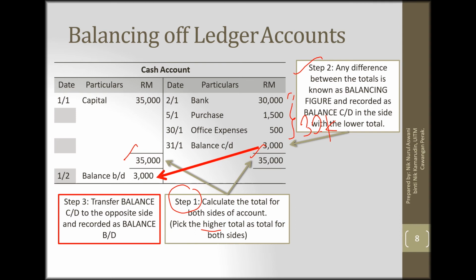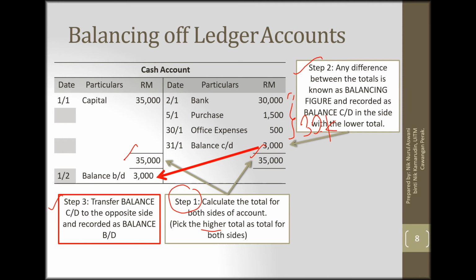Step number three: after you close the account, you bring the balance to the next month. So we transfer to the next month, balance brought down, brought down from last month to this month.